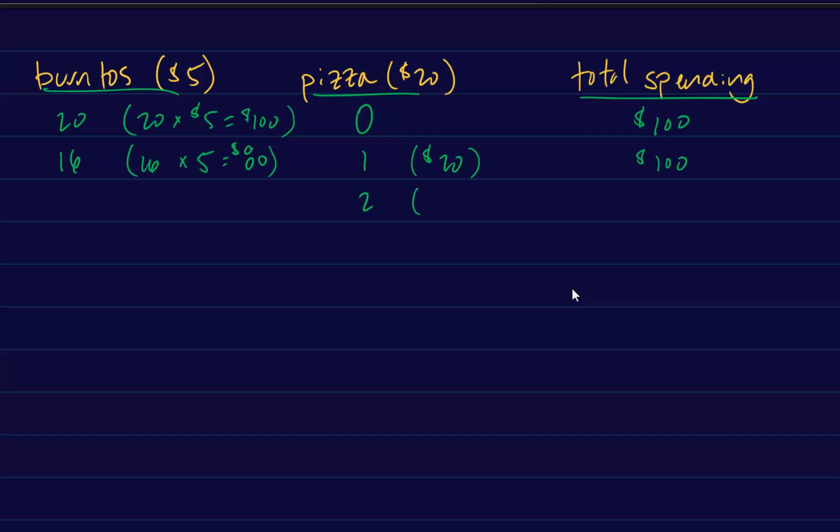And that again will be her entire $100. Okay, if she buys two pizzas, that will be $40, which leaves her $60 for burritos. So that's going to be 12 burritos that she can buy. 12 times 5 is going to give her $60. Okay, so maybe you can see the pattern here. This will be 8.